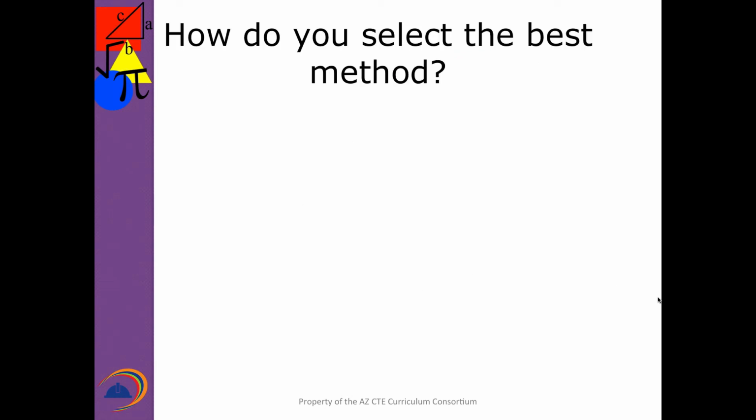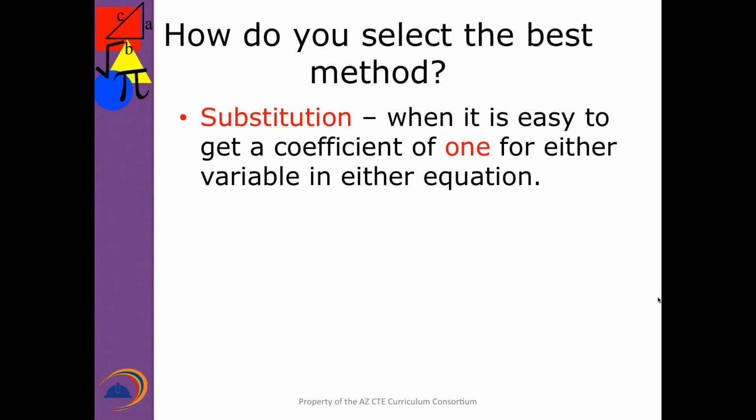Welcome back. Here's what I think. Substitution is easy to use when you can get a coefficient of 1 for either variable in either equation. Also, if the numbers are relatively small, and you're not afraid of fractions, substitution is an easy method.